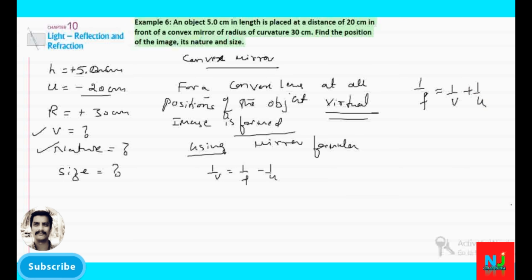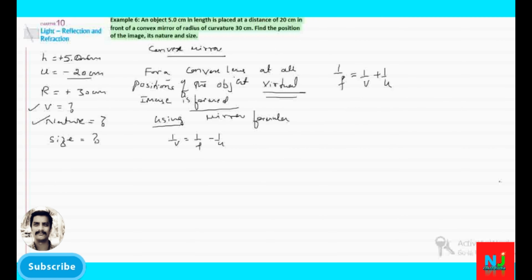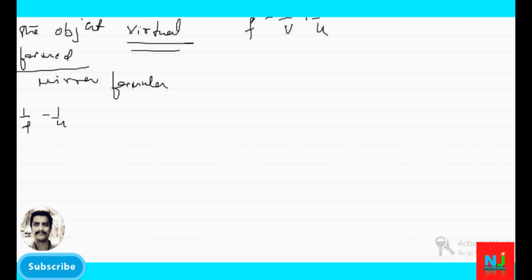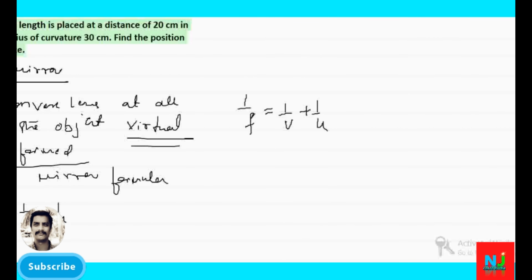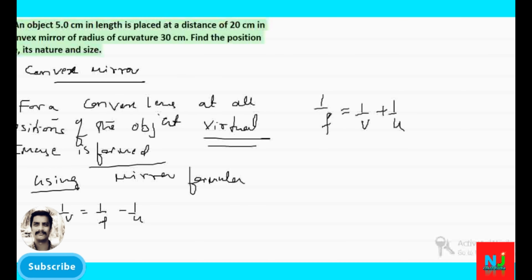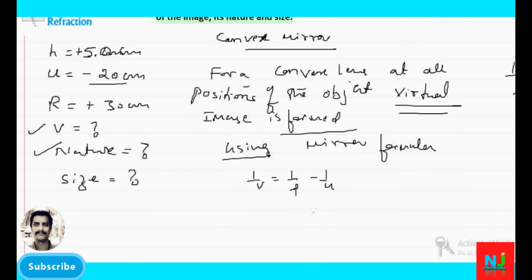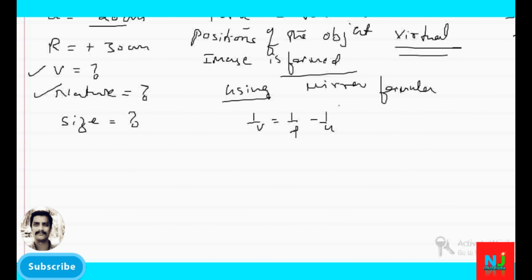It is very important to solve this type of problem directly, so you need not waste time. Directly we put 1 by v is equal to 1 by f minus 1 by u.